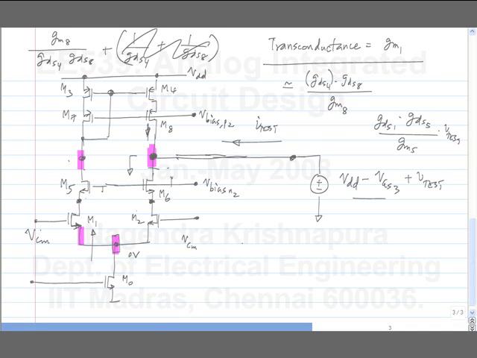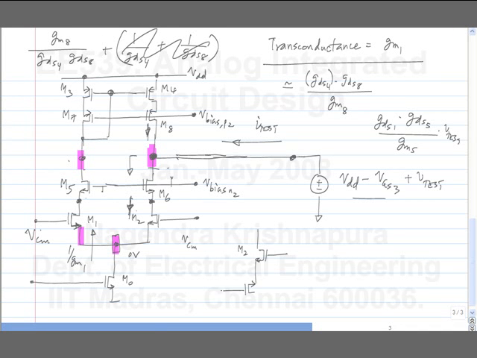First of all, what's the impedance looking into the source of M1 like this? 1 over GM1. So what is the impedance looking into the drain of M2? 1 by GDS2. 2 by GDS2, because this is M2, and M2 is degenerated by M1.